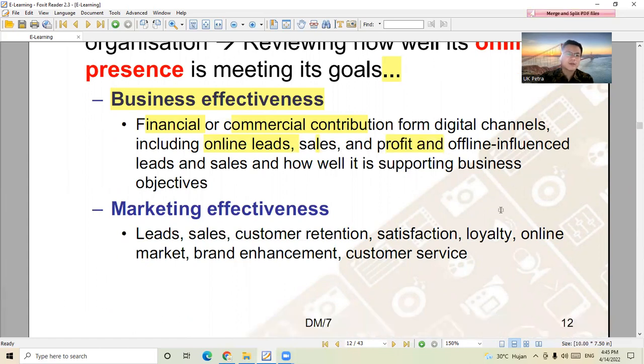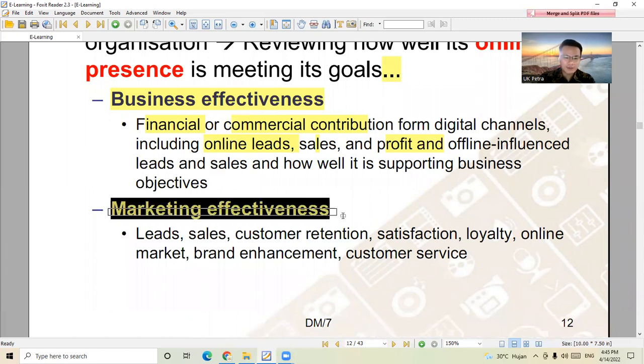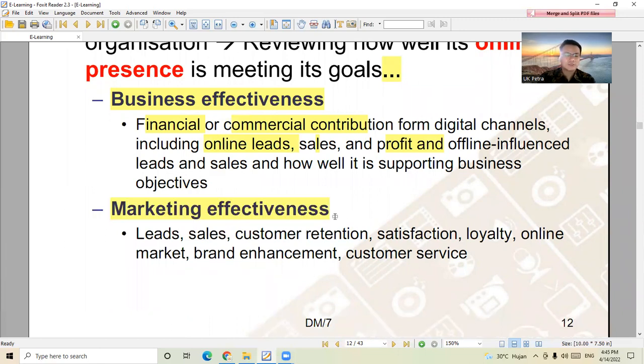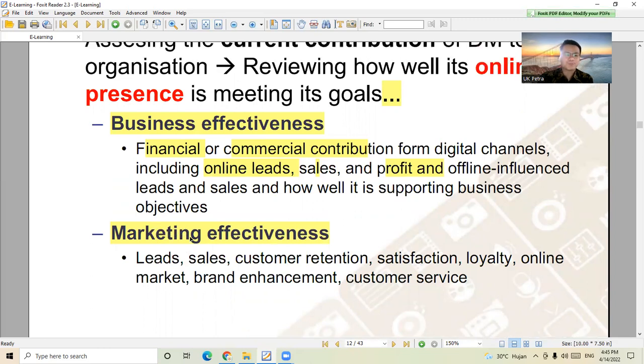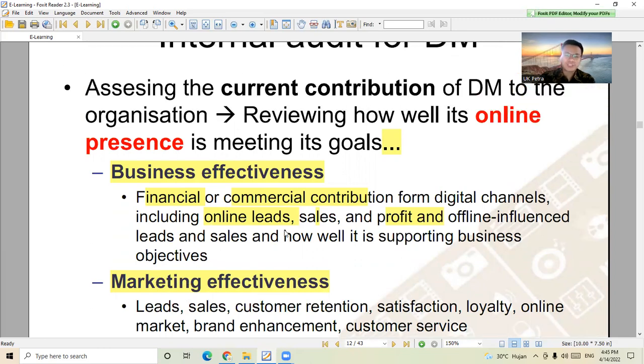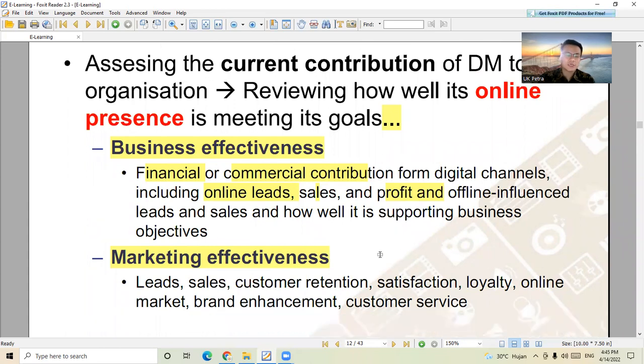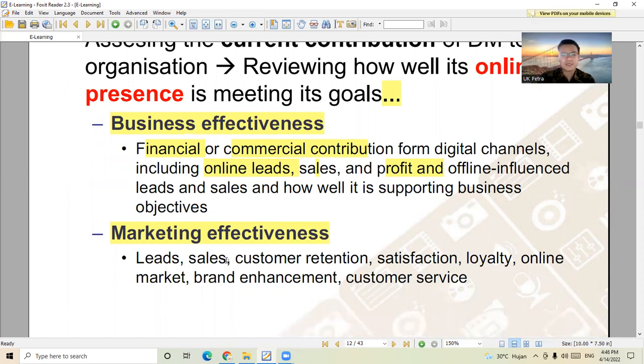And the second one is the marketing effectiveness. So as we can see, there are two points of view here, the business point of view and the marketing point of view. We have to check whether digital marketing is effective against these two points of view, in terms of the business and in terms of the marketing itself.